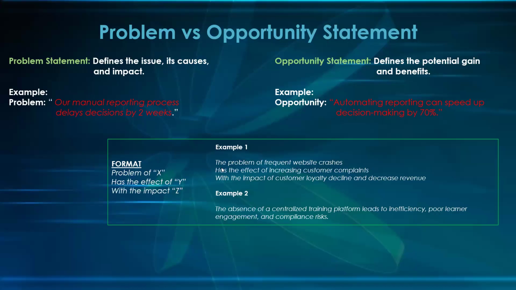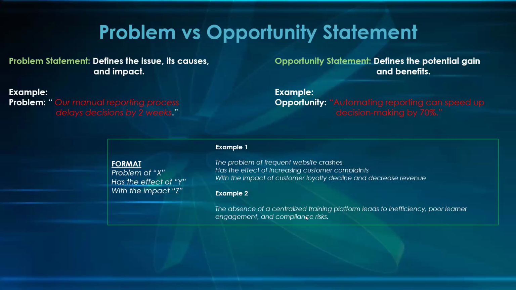So you could see the example. The problem of frequent website crashes has the effect of increasing customers' complaints, with the impact of customer loyalty decline and decreased revenue. Customer loyalty declines, therefore revenue also decreases. Look at the second one too, it tells you the same.